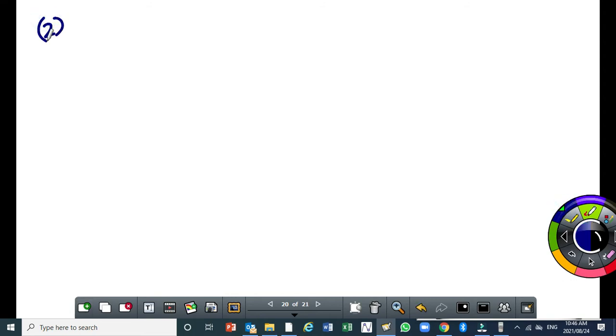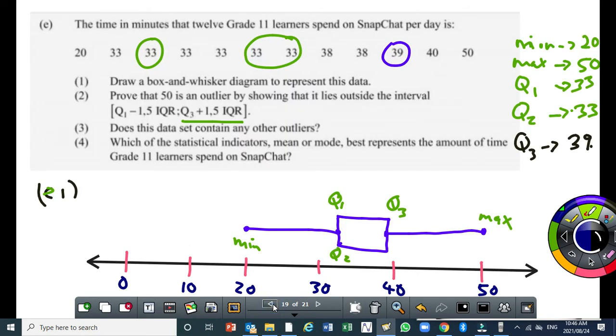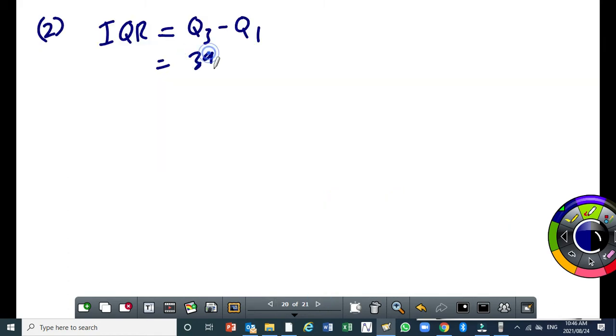So number 2, first we need to determine the interquartile range. It's equal to Q3 minus Q1. So Q3 is 39, Q1 is 33. So this will be 39 minus 33, and that will give you 6.